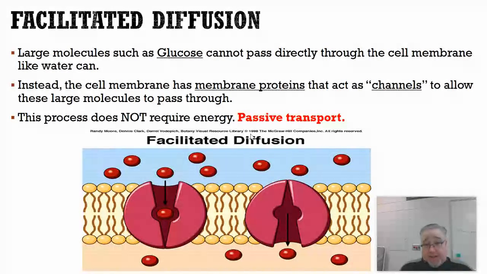So what is it that's embedded in the cell membrane that can help or assist these large molecules and allow them to enter the cell? Well, those are channel proteins. Remember, we talked about channel proteins before. They open and close and allow things to enter the cell that normally couldn't get in.